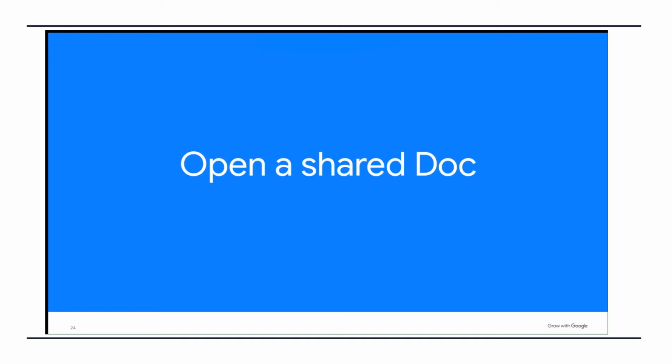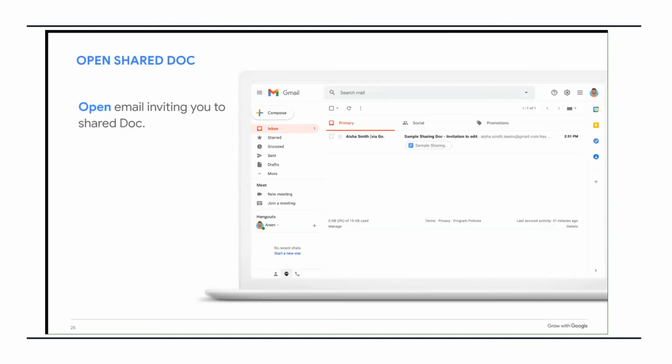When someone shares a doc with you, it only takes a few minutes to access it. So in this section, we're going to learn how to open a doc shared by an email. To open a doc that's been shared by email, go to your Gmail account. You can do this by typing gmail.com into your address bar.